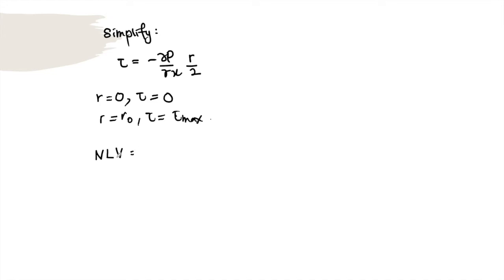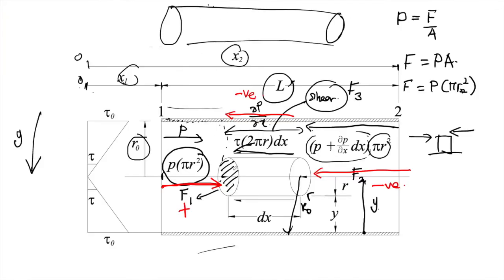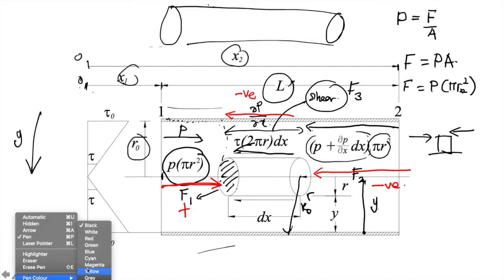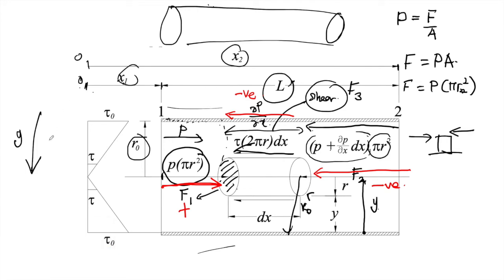So we know that from Newton's law of viscosity, NLV, tau is equal to mu du over dy. But now we want to change dy. As we can see here, as y increases, r will decrease.